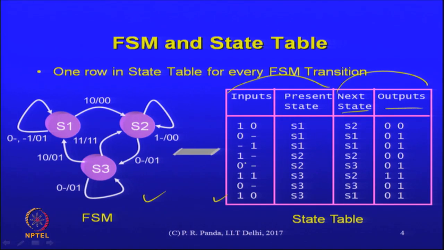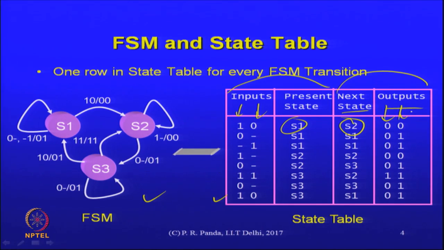How many columns do I have? The inputs, this refers to the number of inputs, assuming these are all single bit, number of inputs I have. Present state, that is the state, next state is also the state. Outputs, again there will be as many bits on the output side as there are output bits in the FSM.